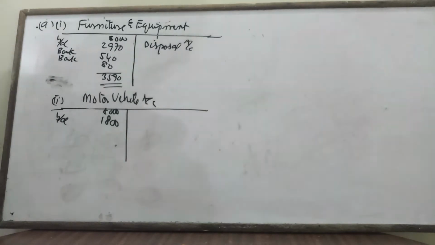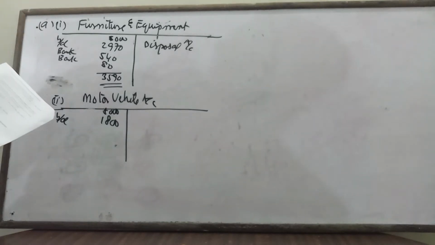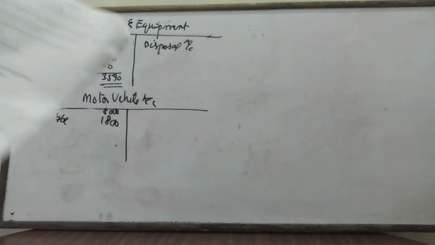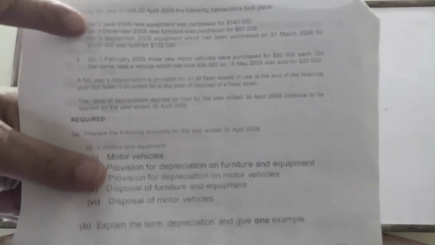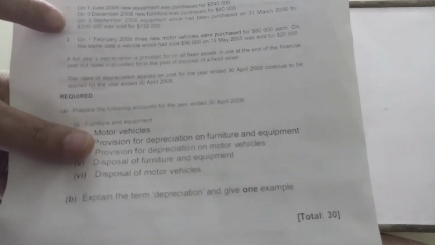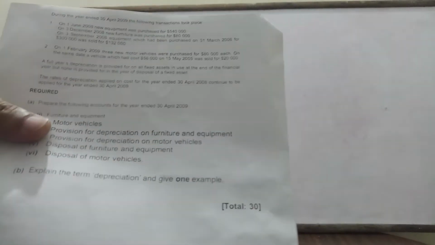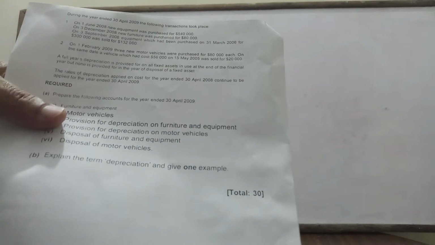This is given in point number one. On 3rd September 2008, equipment which had been purchased on 31st March 2006 for 300,000 was sold for 132,000.